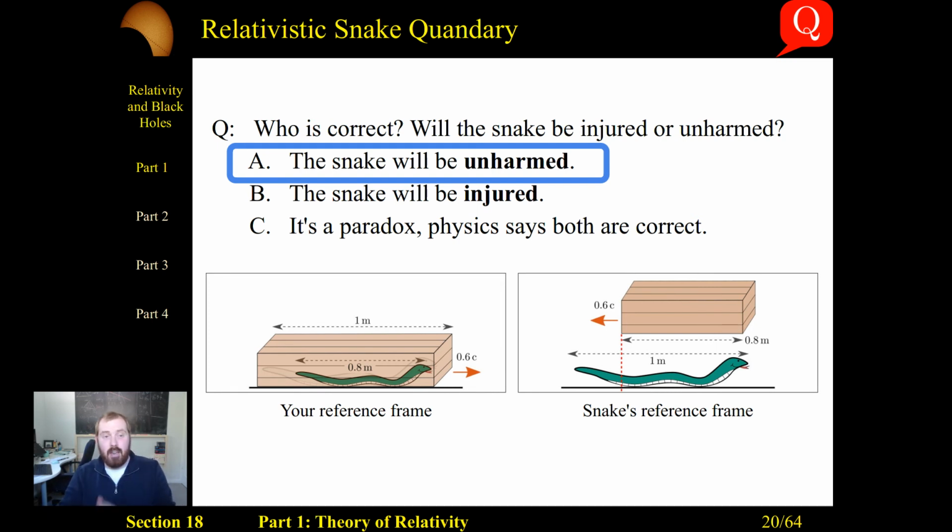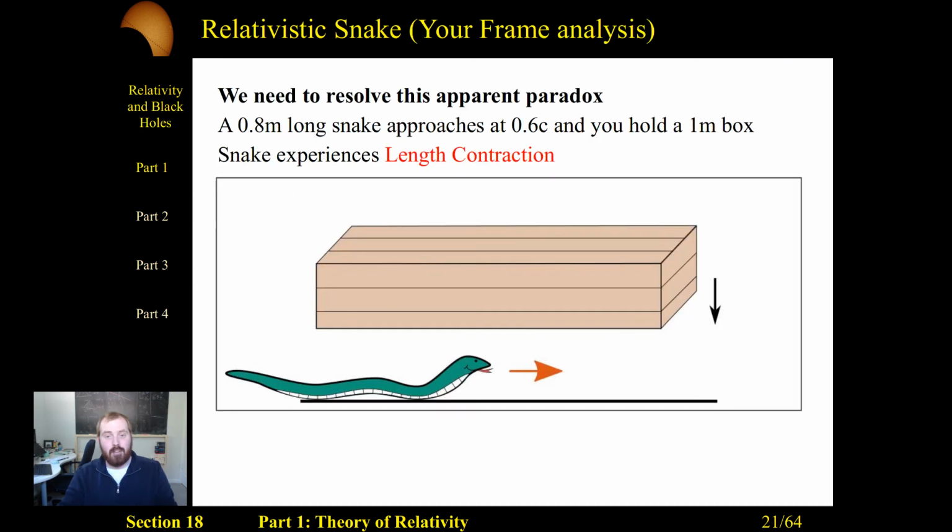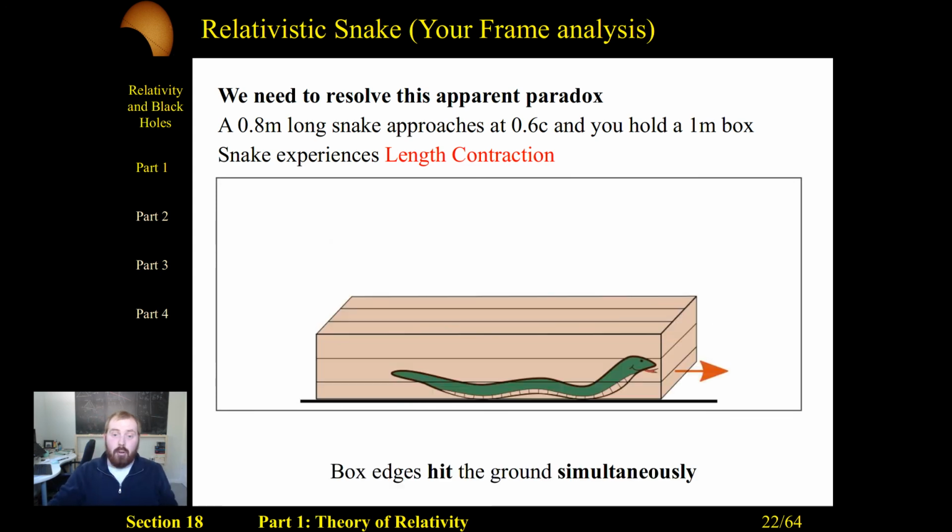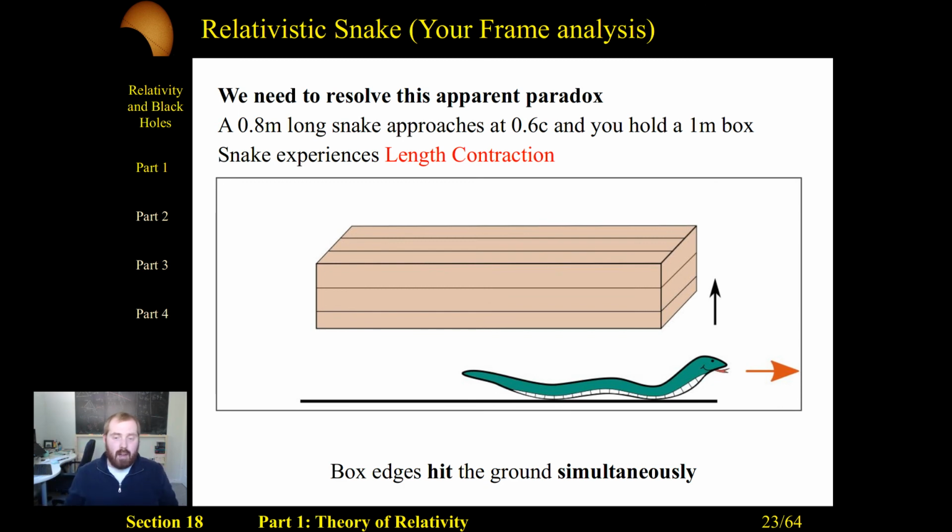We need to go through this again, but in details. So let's come back to your frame, right? In your frame, you see a snake that has experienced what's called length contraction. Objects that move closer and closer to the speed of light, their length actually shortens and shortens. So from your perspective, you see the snake crawling along, you drop the box, it hits the ground, and you could pick up the box and the snake just keeps going on by.